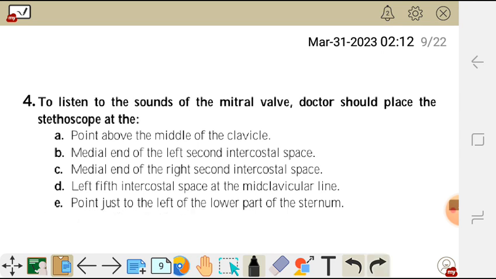So, to listen to the sounds of the mitral valve, where should the doctor place the stethoscope? The stethoscope should be placed at the left fifth intercostal space at the mid-clavicular line.